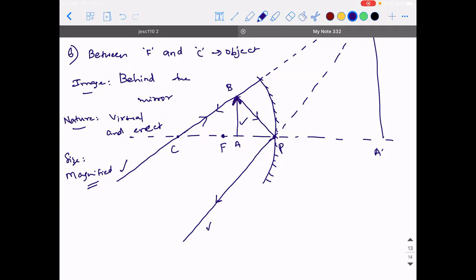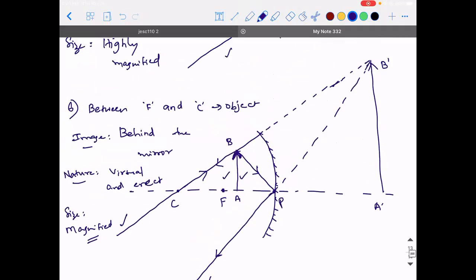You know what is the meaning of erect, right? Erect is upright. So the object is having the arrow mark in the upward direction, and the image is also having the arrow mark in the upward direction. So they are upright. Erect is a technical name given to that upright object and image. Clear, guys? Yes, sir. Very good. Please make a note of this.